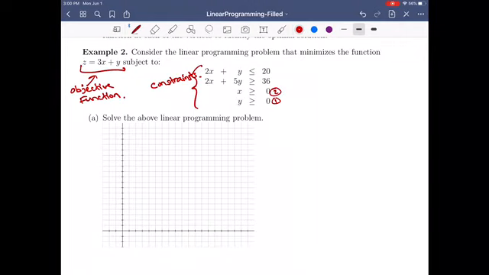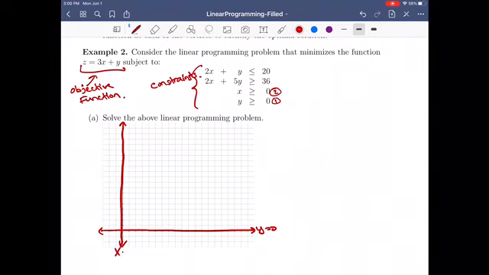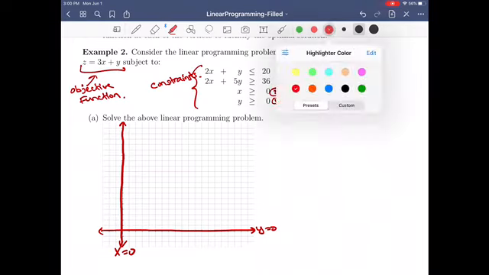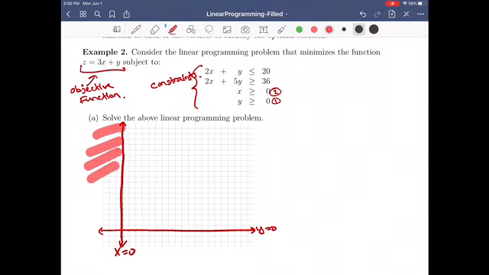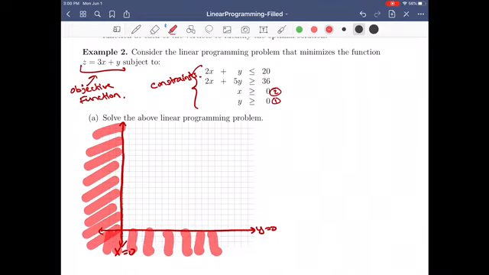So when y is 0, that is the x-axis. When x is 0, that is the y-axis. And we want them to be bigger than 0. So that means that everything to the left is gone and everything to the bottom is gone.